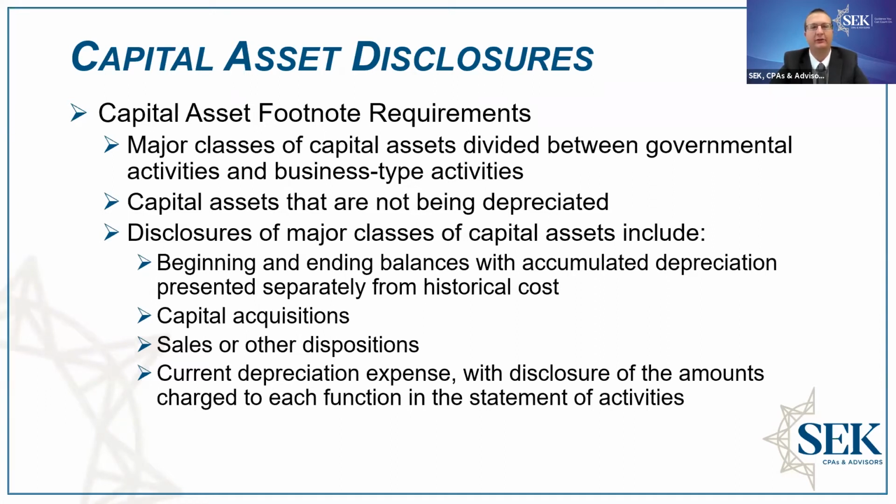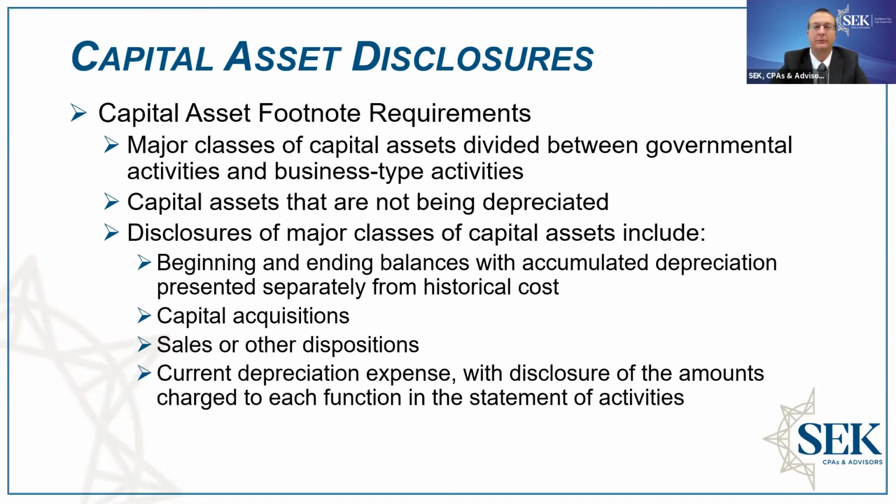Once you get past the narrative of the capital assets, you get into the disclosure that's typically shown in table format, which breaks down the major classes of the capital assets. You can see the four components that are required: beginning and ending balances, with the accumulated depreciation split out separately from the historical cost.